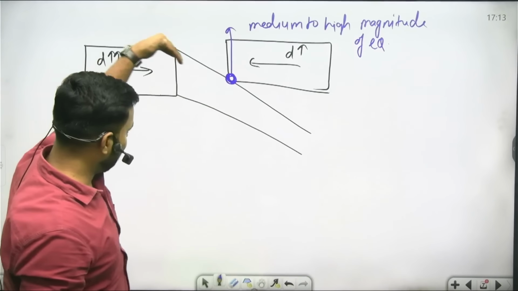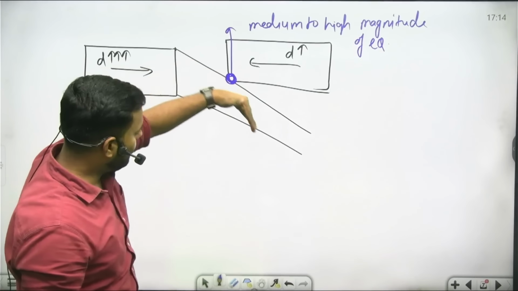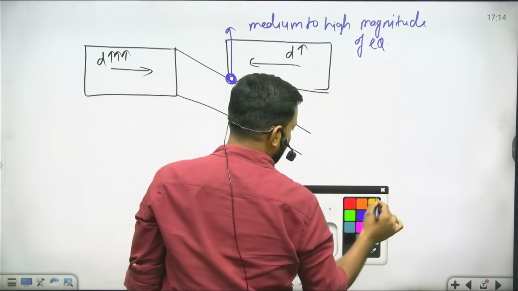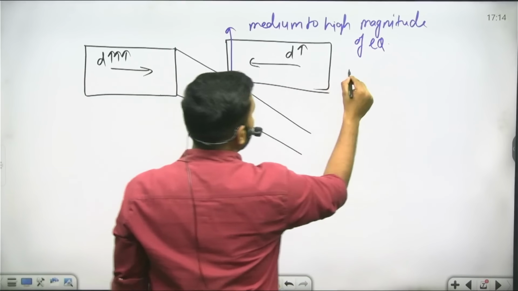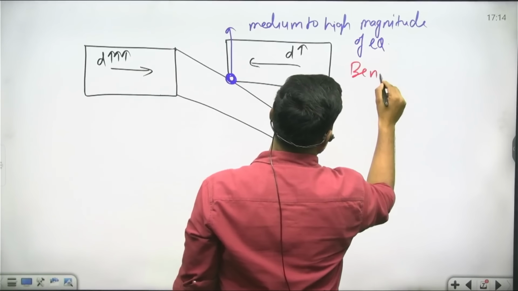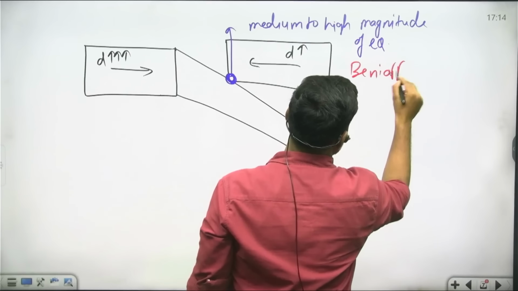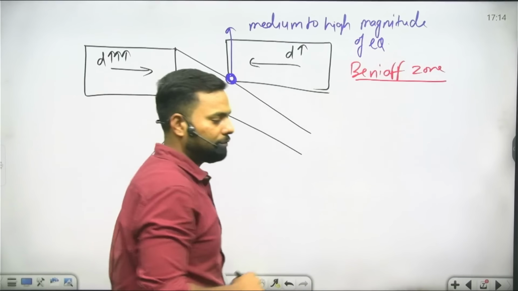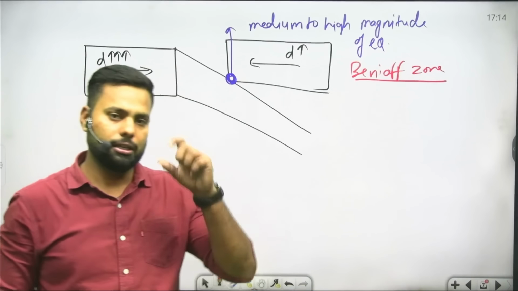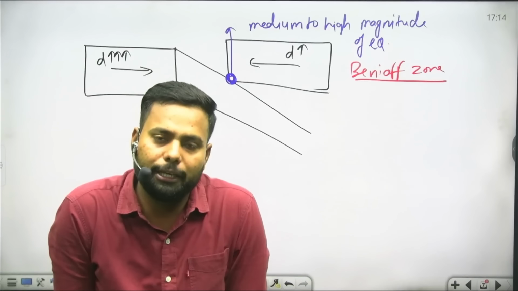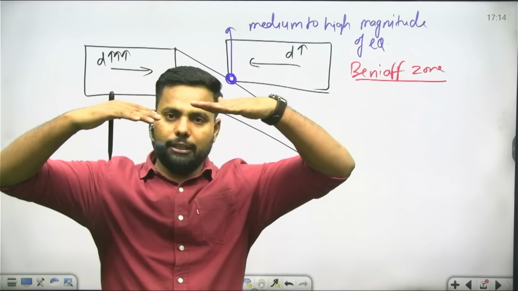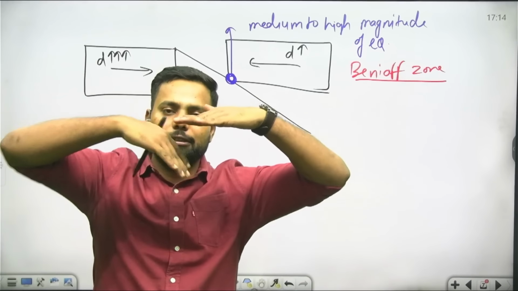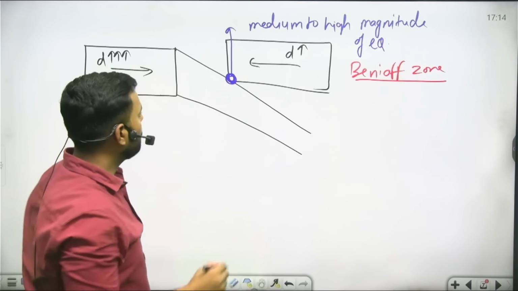When the denser plate is subducting, four focuses are created according to the Benioff zone. Benioff is the scientist who identified the subduction zone. According to Benioff, the denser plate is subducting at an angle of 45 degrees.